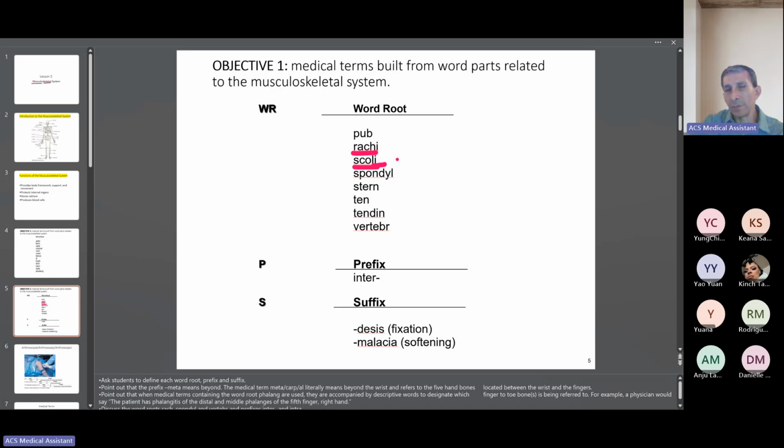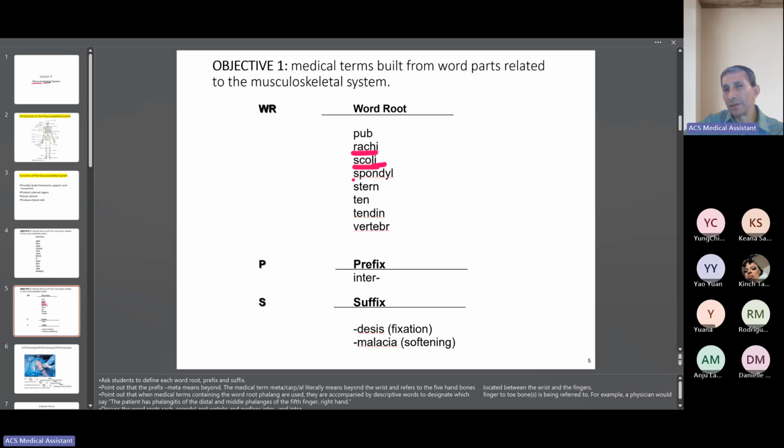So we have some images right here that we're going to go over so you can understand what is kyphosis, what is lordosis, what is scoliosis, because these are abnormal curvatures of the spine.